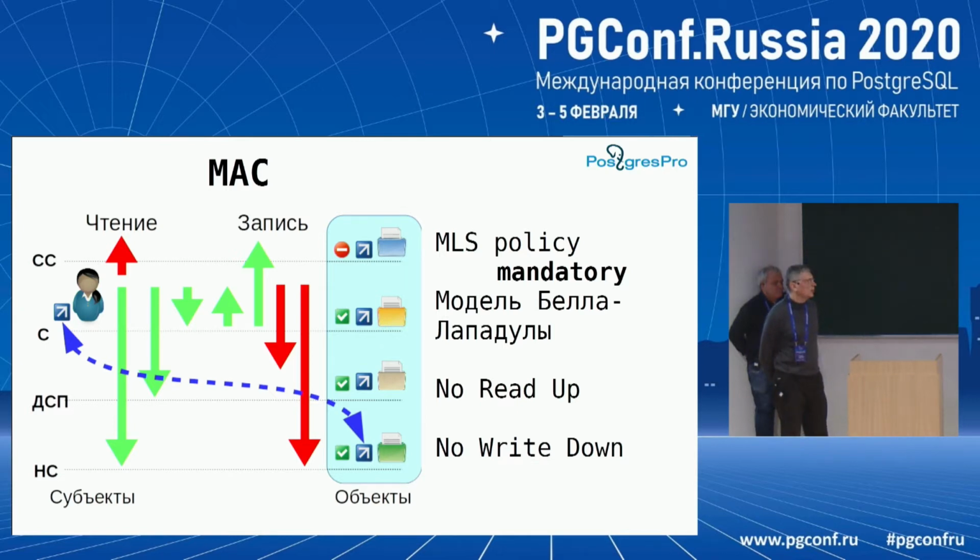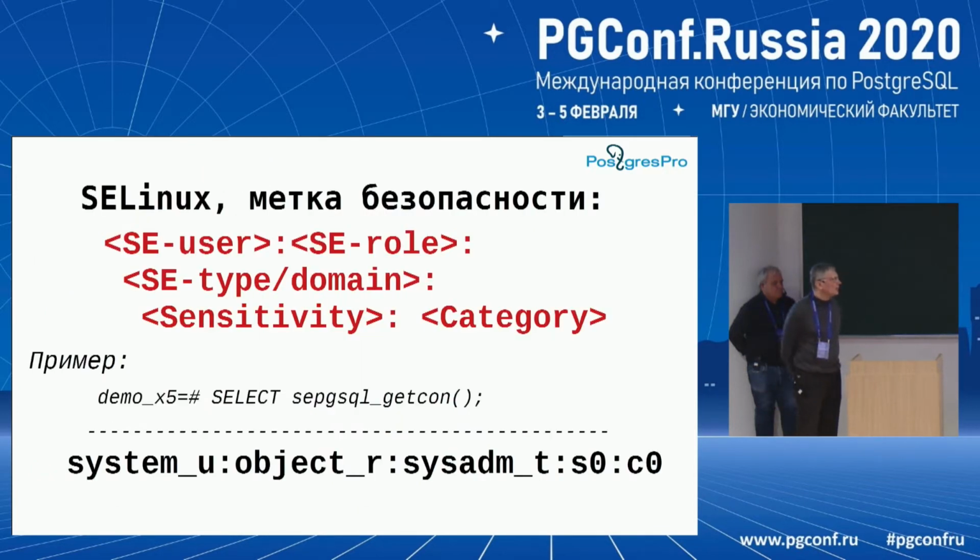This is MLS MCS model, multi-level security, multi-category security, and mathematically it can be described by Bell-LaPadula model. If there are access levels, then it is not possible to read an information located at a higher level than your level is, and it's not possible to share confidential information to a lower level.